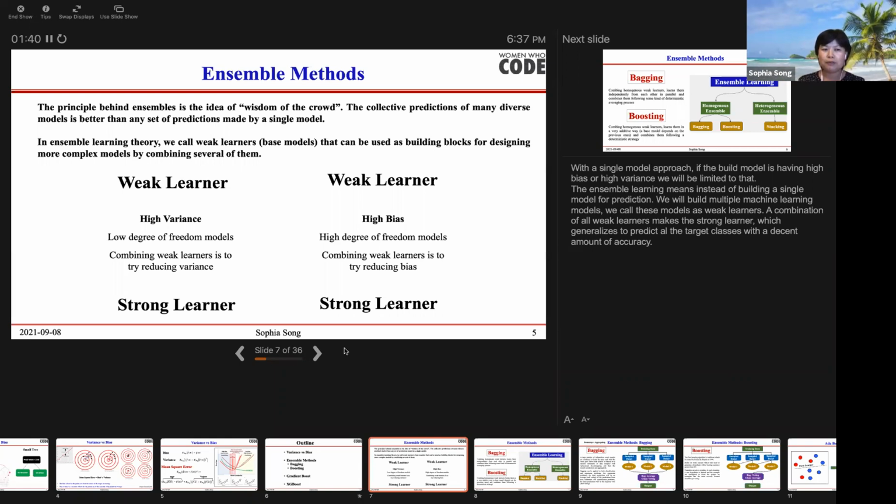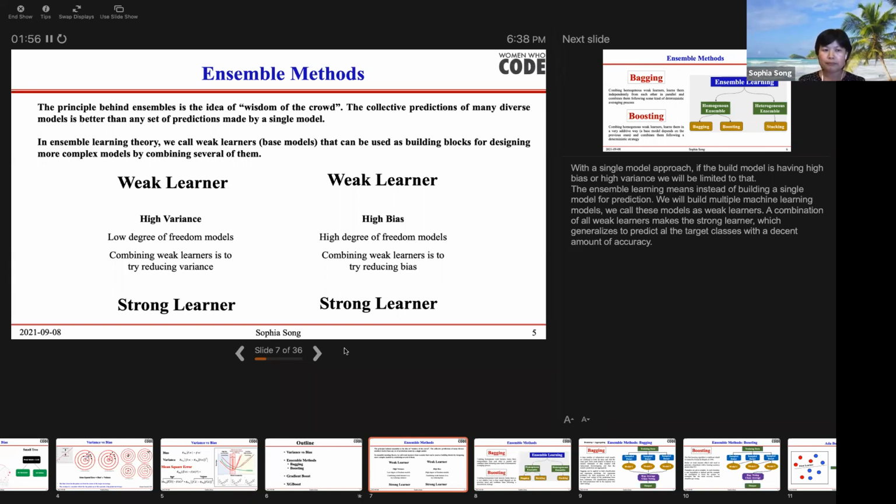The principle of the ensemble is the idea of the wisdom of the crowd. The collective prediction of many diverse models is better than any set of predictions made by a single model.